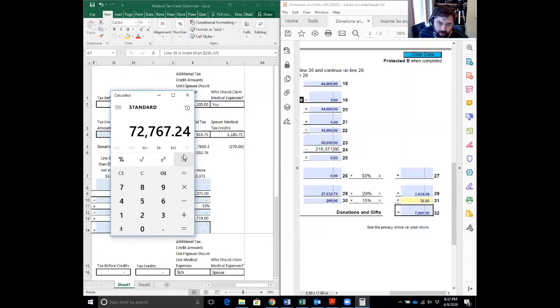Now that is some tax optimization right there. Okay, I can carry that forward into future years, and I can carry it forward for five years. That is how donations and gifts work. That's how the carry forward works. That's how the limitation works.